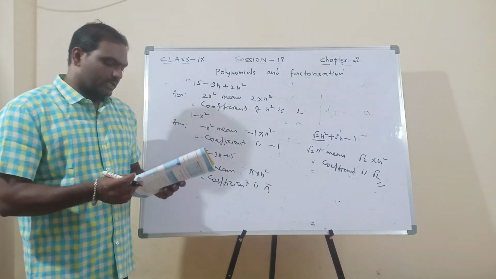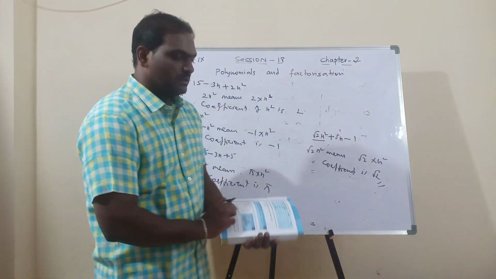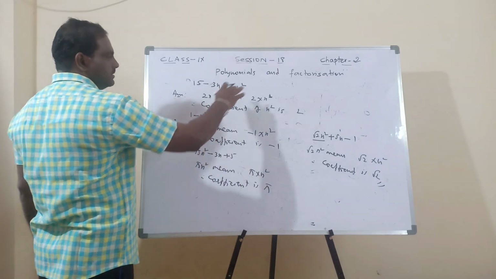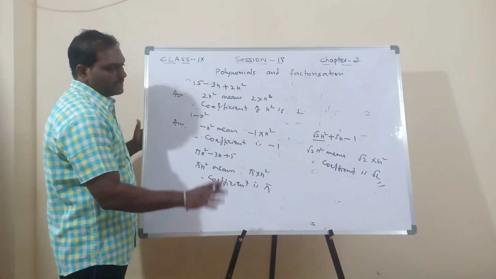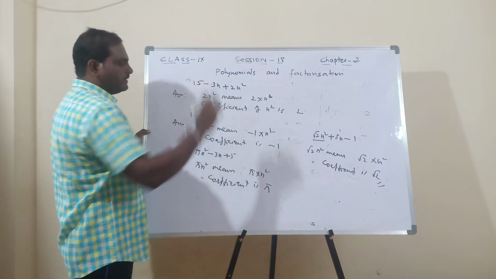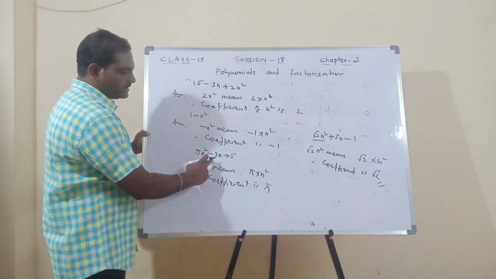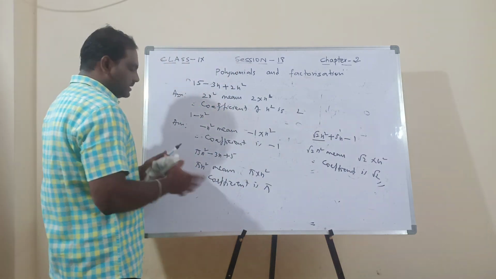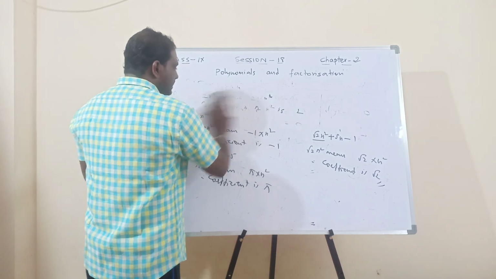The previous one we have to write the degrees, and this question is to write coefficients. Okay. So in this case we have written the coefficients of x square. Suppose if the same question is written coefficient of x, what will you do? Minus 3 will be the coefficient. In this case there is no x term. In this case minus 3, and in this case plus 5. Coefficient means by what number we are going to multiply.